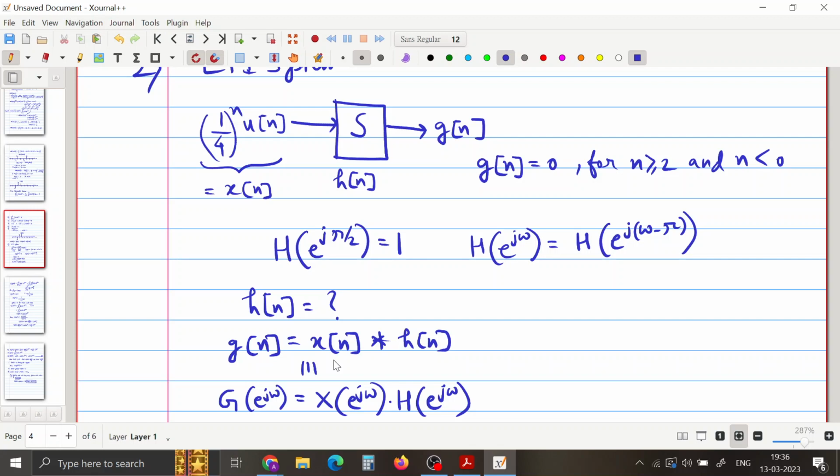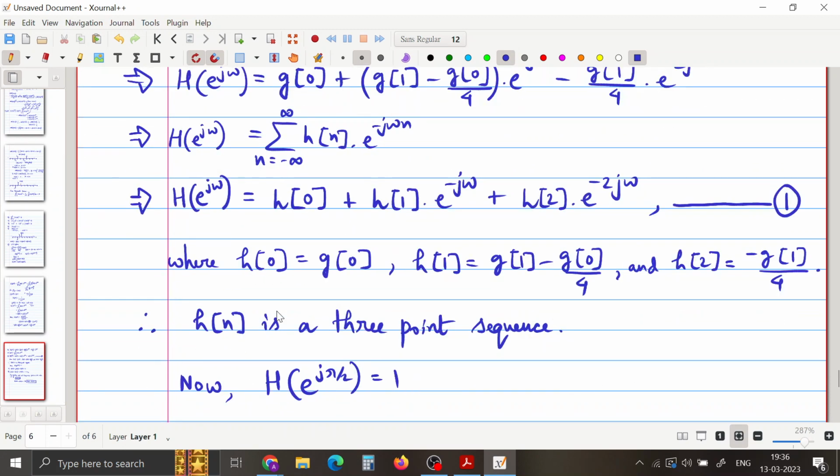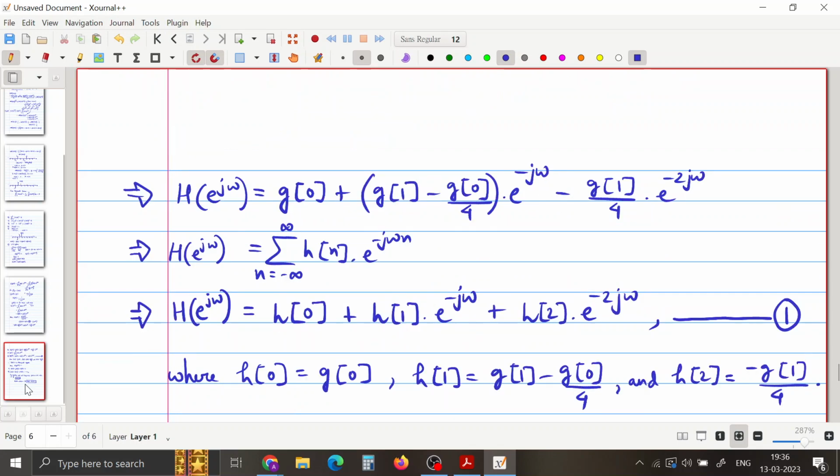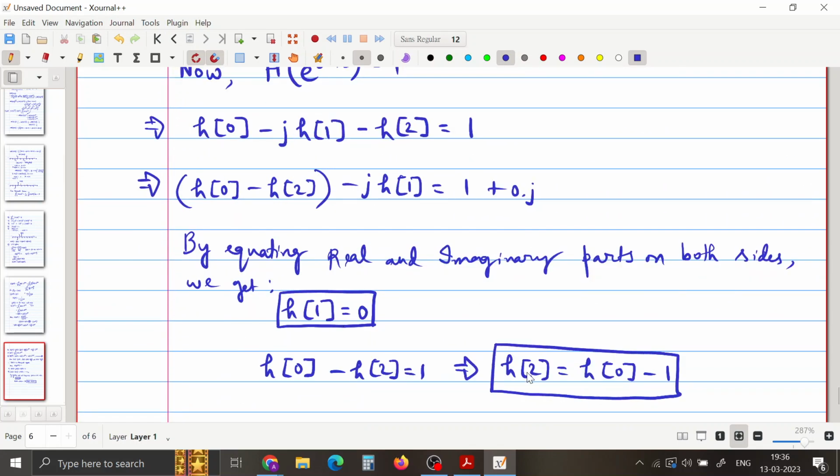Let's use that fact, because ultimately we need to find the coefficients h of 0, h of 1 and h of 2. H of 1 we already got as 0. All we need to find now is h of 2 and h of 0.